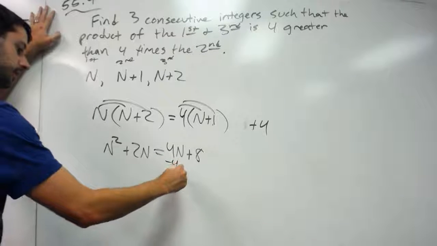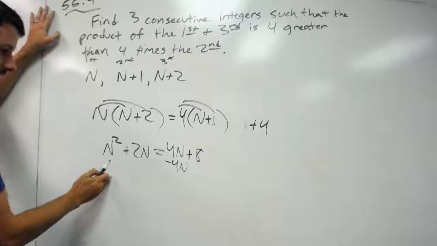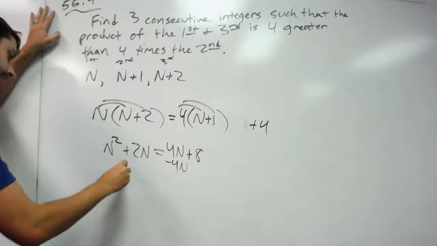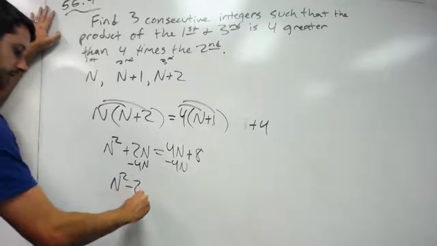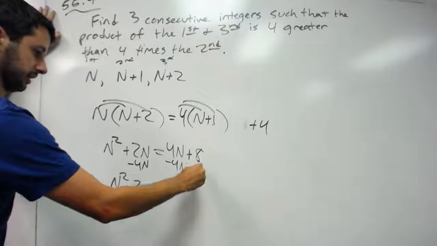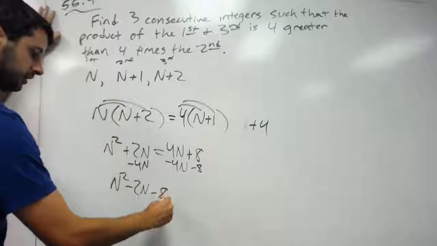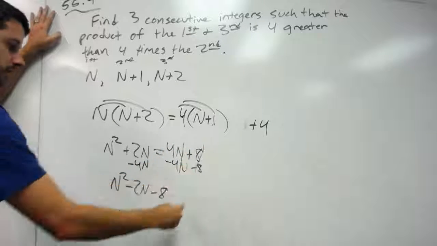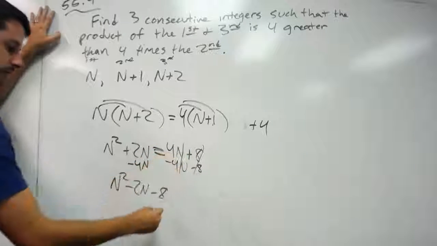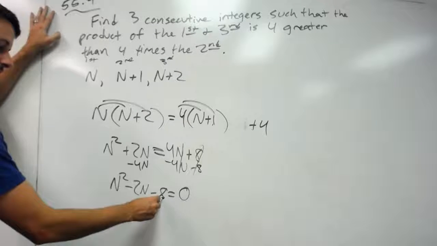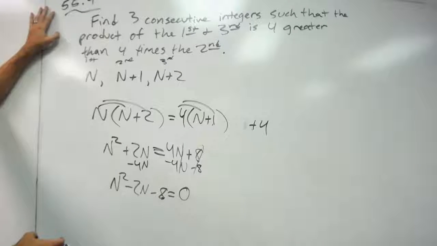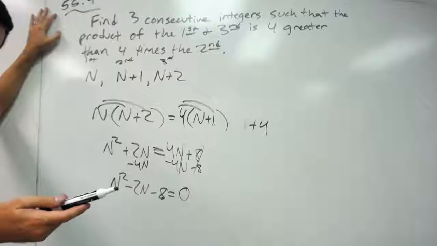Subtract 4n. From here, we want to get everything on the same side, and I'll show you why. We've got n squared minus 2n minus 8. Now, there's nothing on this side of the equal sign, so it's equal to 0. And we've seen this before, using generally the x for the letter. But now we have n squared minus 2n minus 8. Okay, can we factor this?